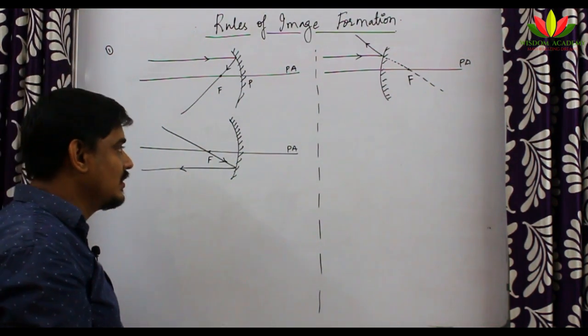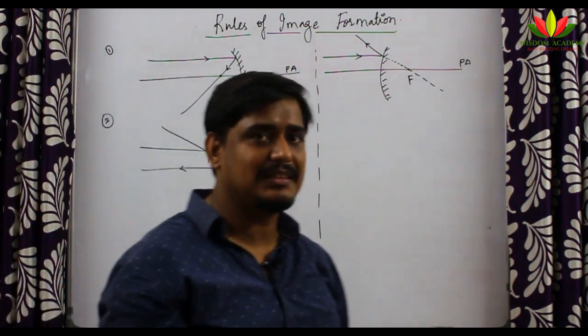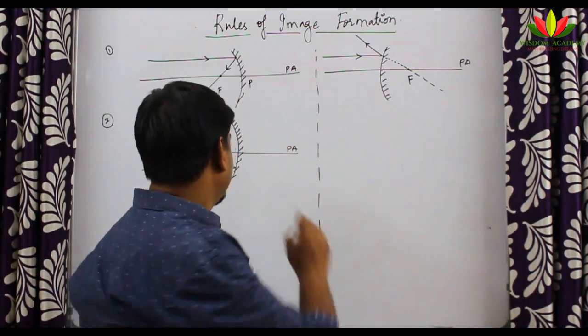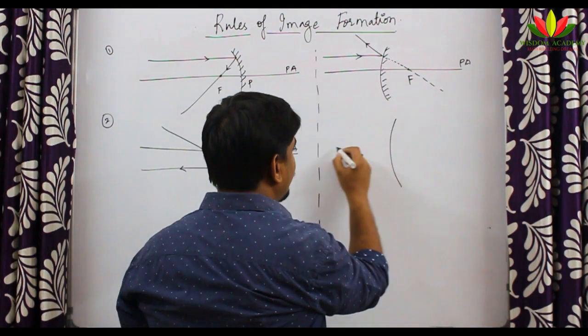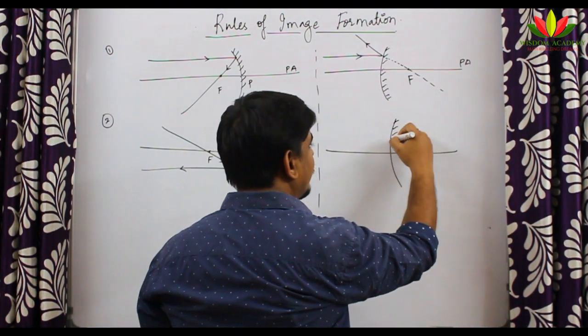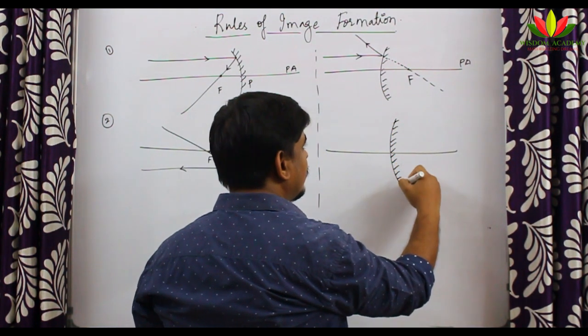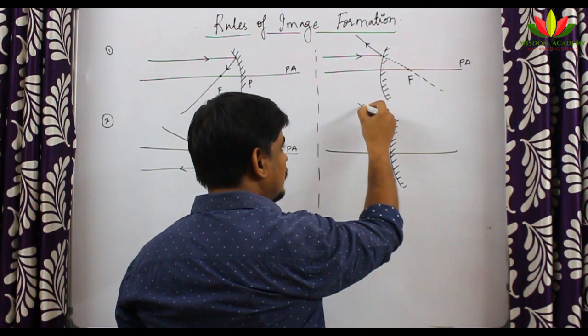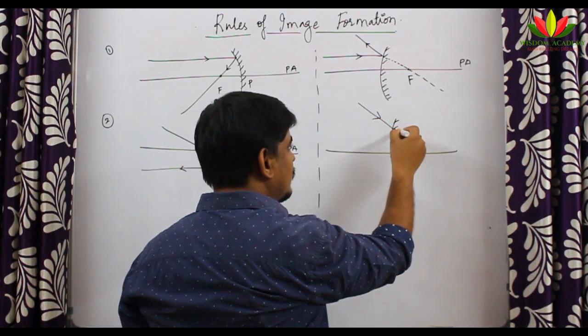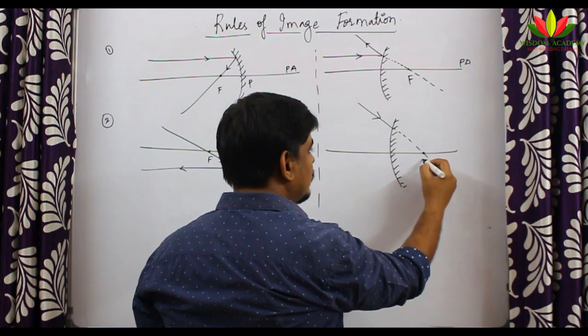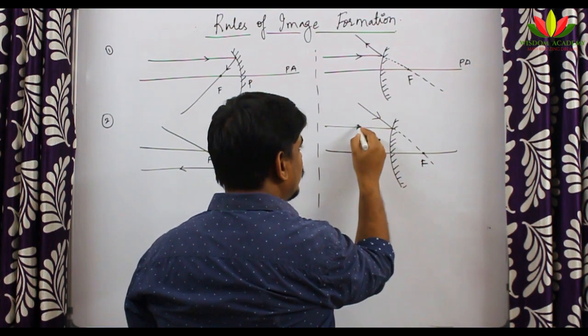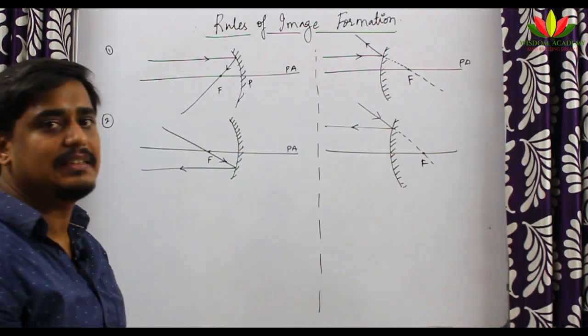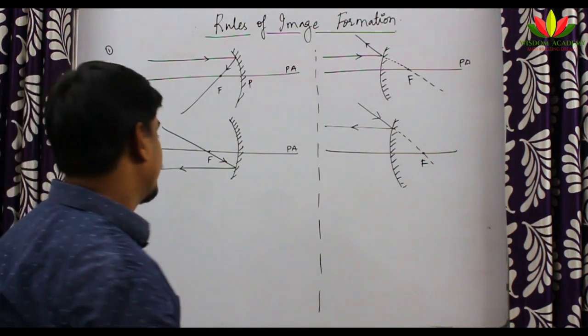That is the second rule. If I draw the same diagram for the convex mirror, a ray which is supposed to be passing through the focus will become parallel to the principal axis. This is the second rule of image formation.